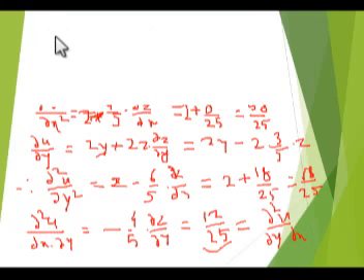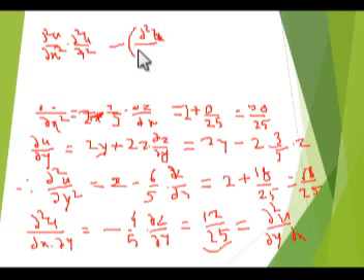So we have to find del square u by del x square multiplied by del square u by del y square, minus the square of del square u by del x del y.